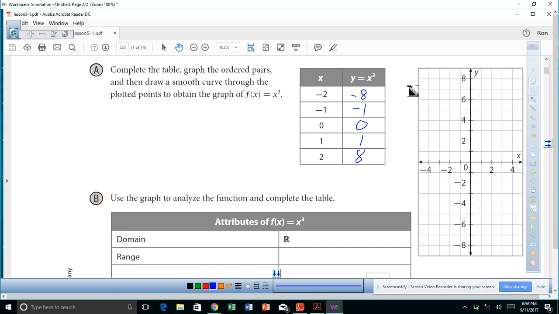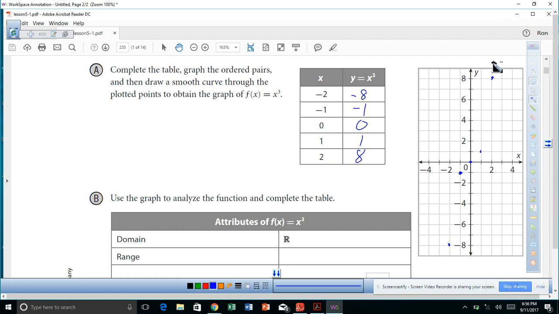Complete the table. Graph the ordered pairs. So negative 2, negative 8 is here. Negative 1 is here. 0, 0 is there. 1, 1 is there. And then 2, 8 is right here.